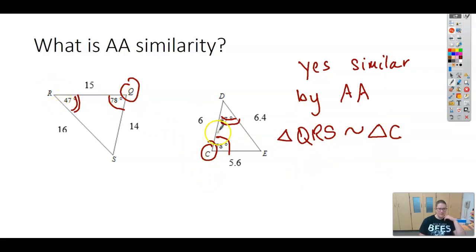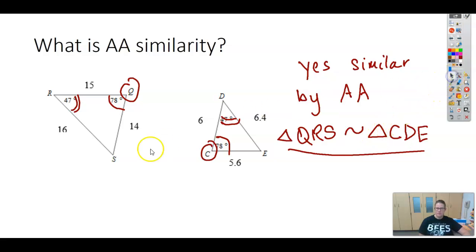R is 47, and D is 47, so that would come next because R corresponds to D. That leaves E for my last angle. So this reads triangle QRS is similar to triangle CDE. Sometimes you'll be asked to finish or complete a similarity statement. That's what it's asking you to do.